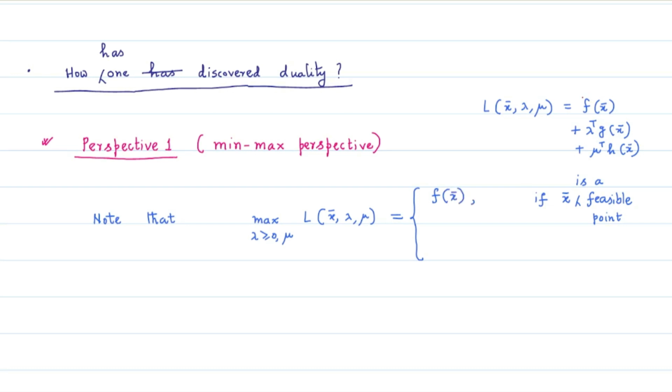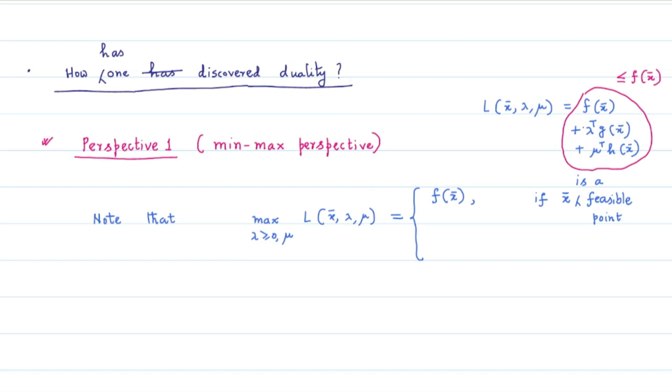This is because this entire expression is certainly less than or equal to f(x bar), because g(x bar) has all components less than or equal to 0 and the components of lambda are all non-negative.